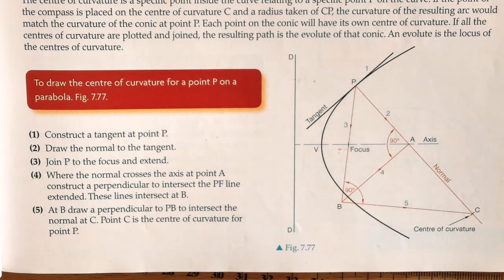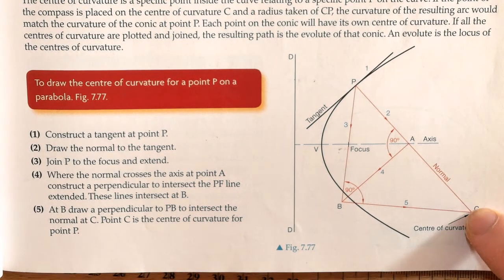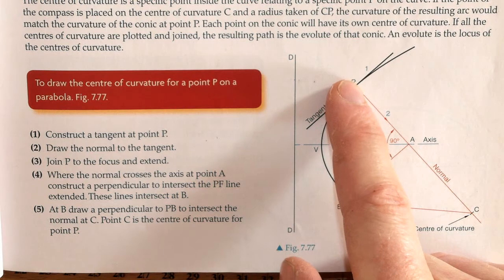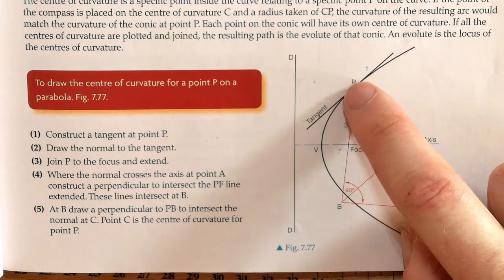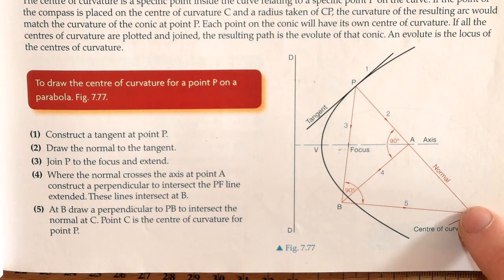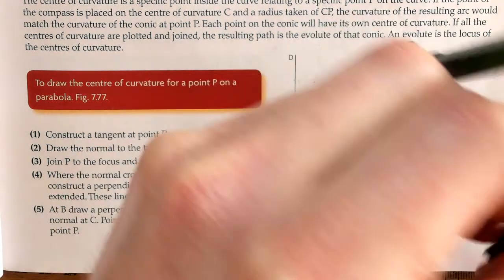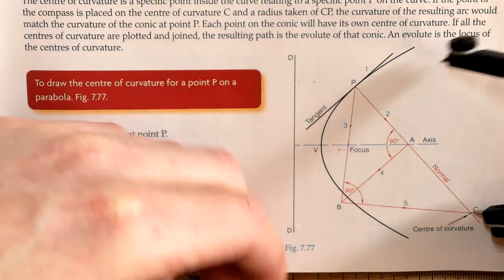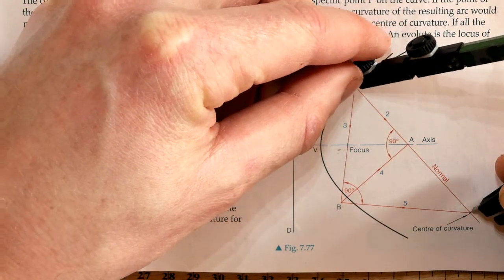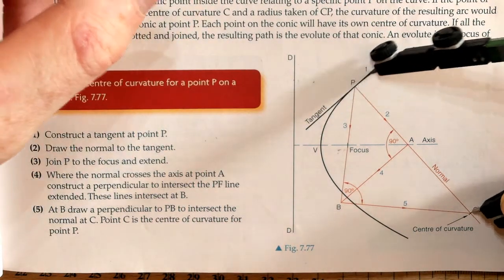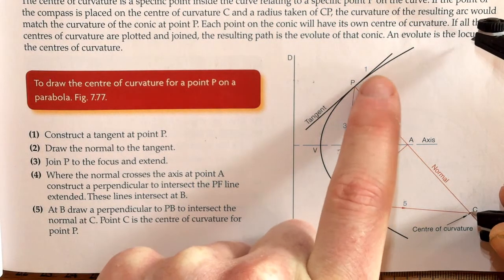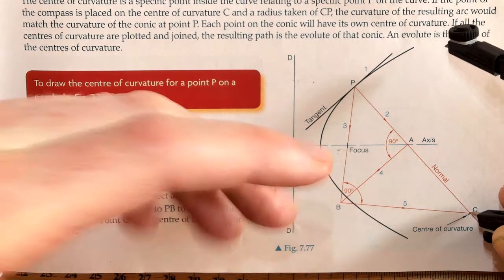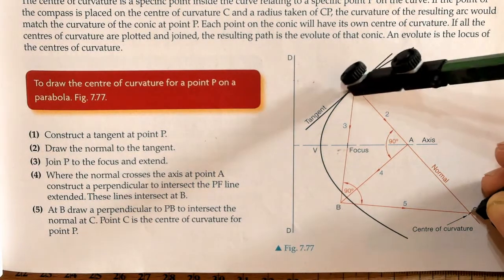Now, what the centre of curvature is, it's a point which is actually on a normal. So if you look, there's point P, there's a tangent. This line here will be my normal. So the centre of curvature is always on the normal. And what it is, if I put my compass on the centre of curvature, and I set it to my point, and if I was to draw a circle there, it would match perfectly up with the actual curvature of my hyperbola or my parabola or my ellipse, whatever it is.